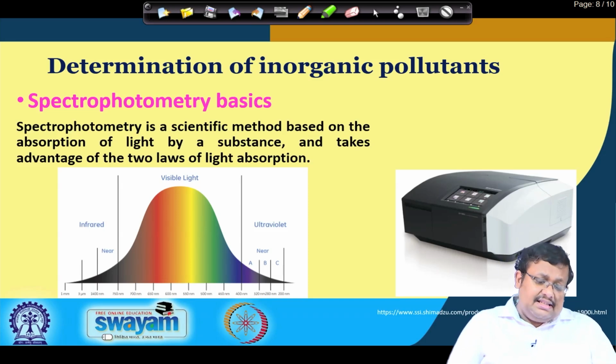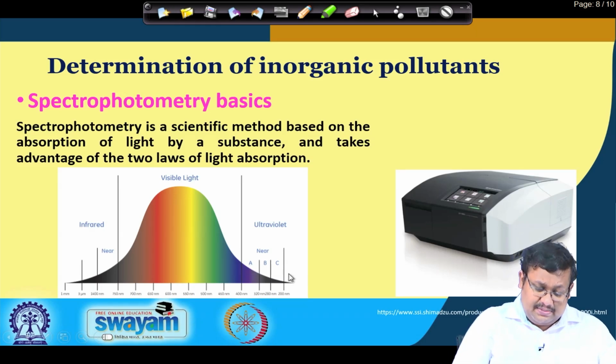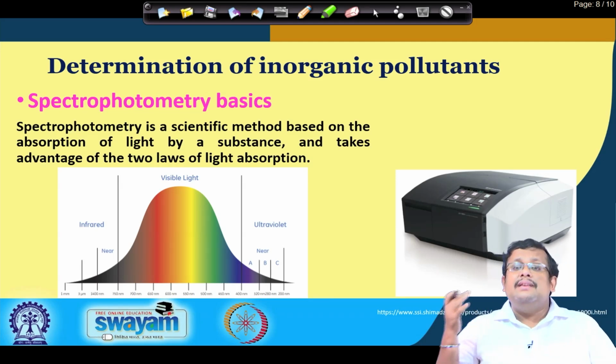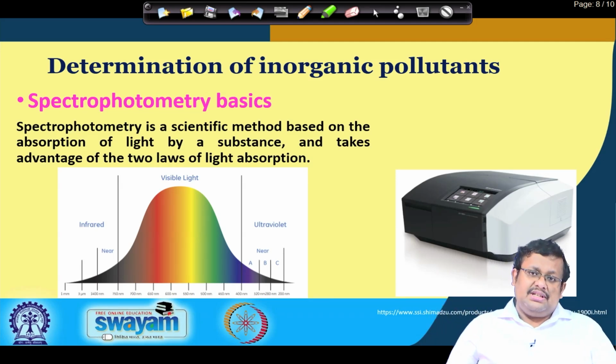Now, remember that this is the total electromagnetic spectrum, which starts with the ultraviolet rays and then visible light, near infrared rays. So, basically which portion of the light is being utilized by the spectrophotometer gives the name of the spectrophotometer.